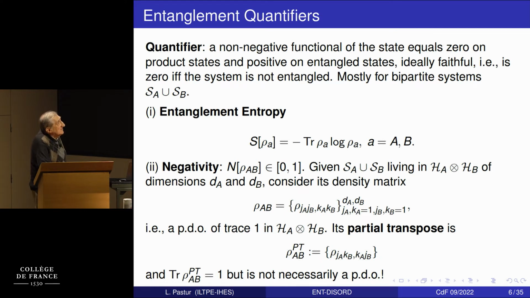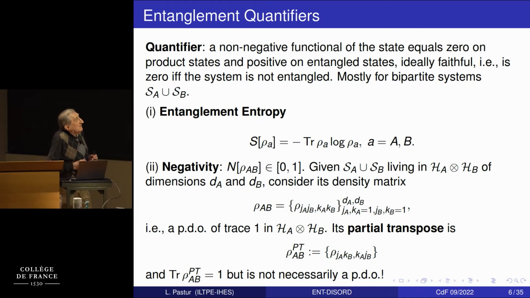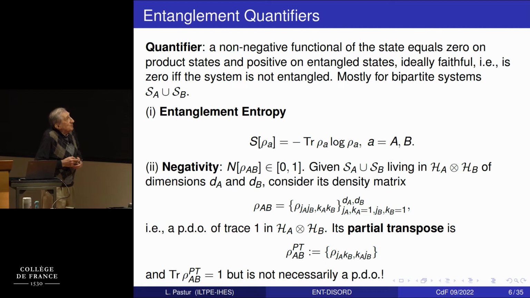Then let's construct the thing which is known as partial transpose. So you see, I transpose only the second indexes of the second system. So I pass from that matrix to the partial transpose, where the pair of indexes related to the subsystem B is transposed. So you see the JB, KB, and here is opposite, yeah?